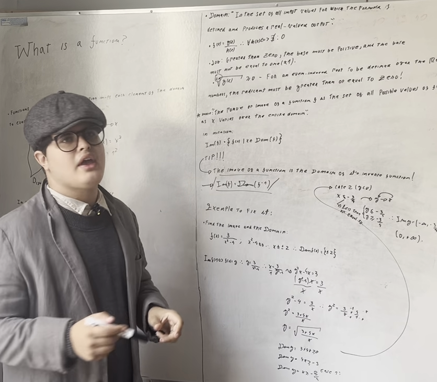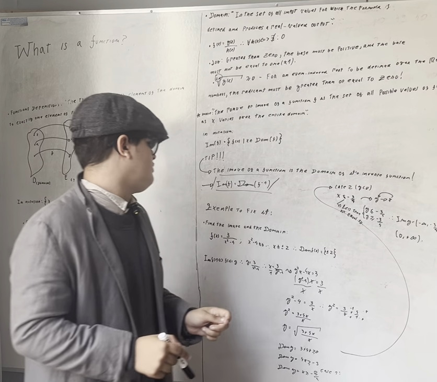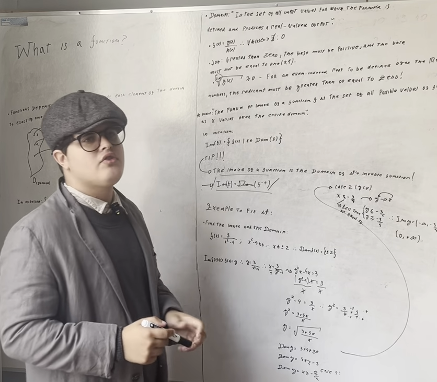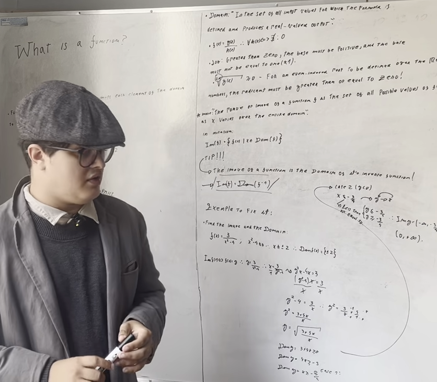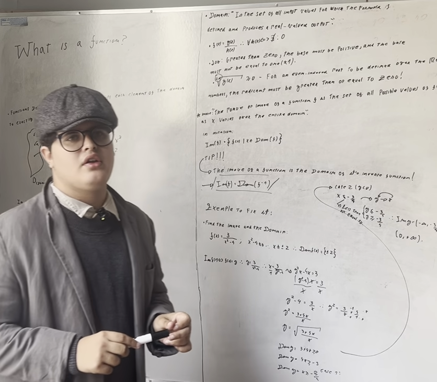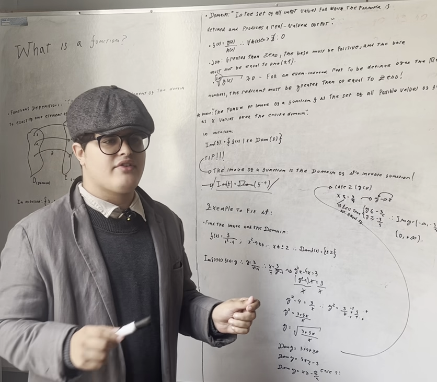So we need to find the inverse function to find the image. So I put this in a whole example to simplify the whole thing, to make sure that you can understand what I'm saying.